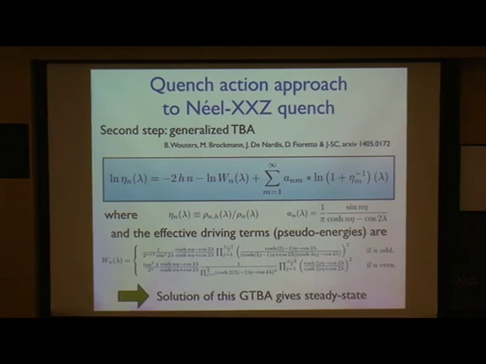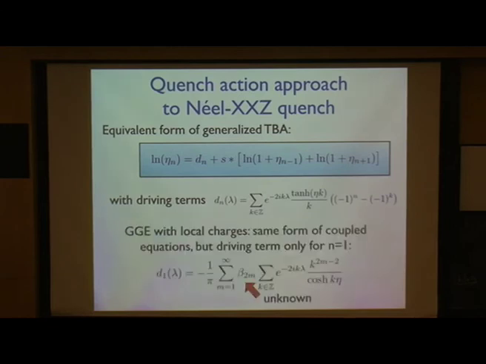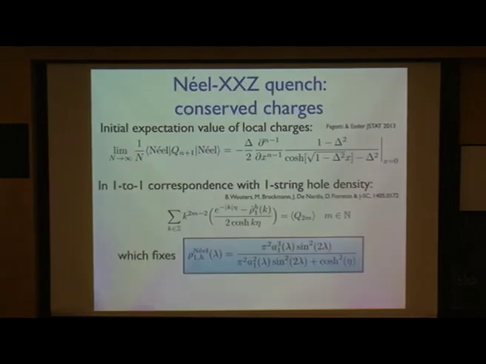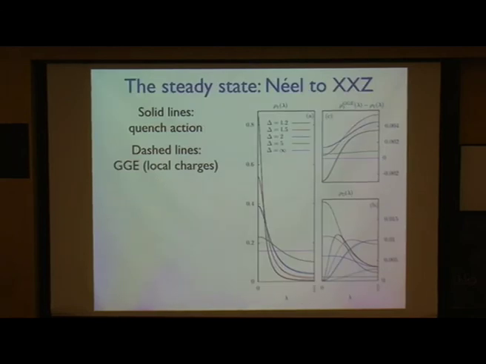Let me just show this to you in ten seconds because that's what I have. Then the statement, and let me just refer to the literature for this, is that this exact solution is in disagreement with calculations based on a GGE, where the GGE contains all the known local charges.